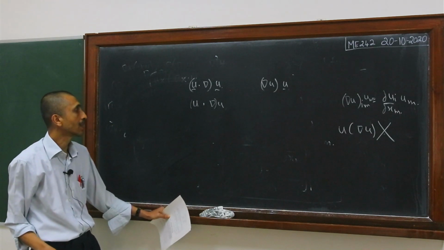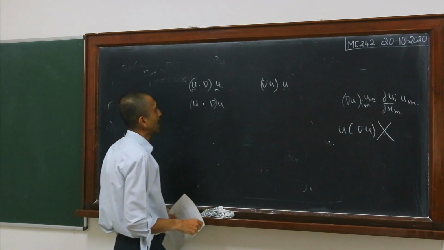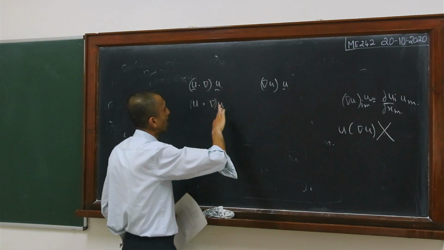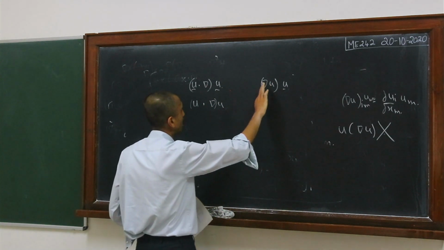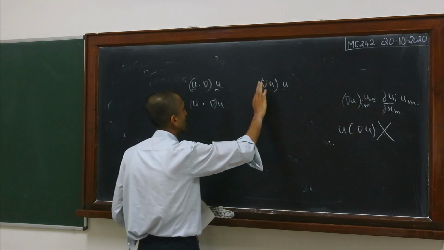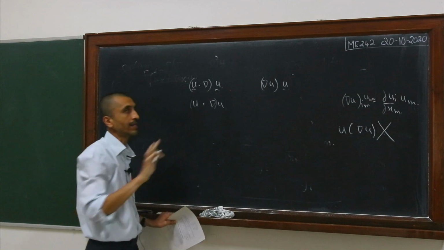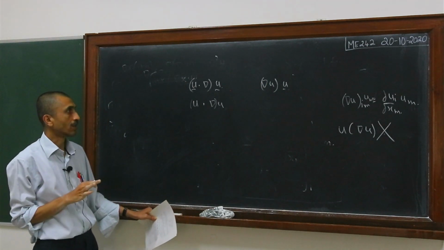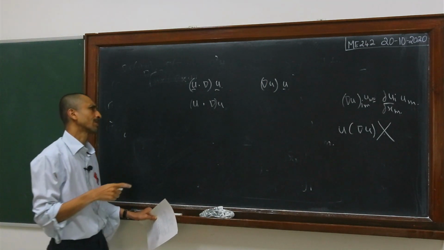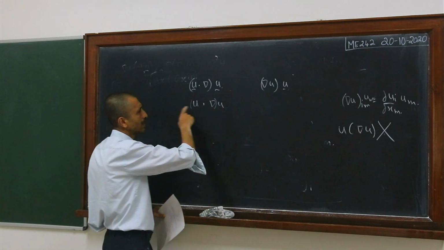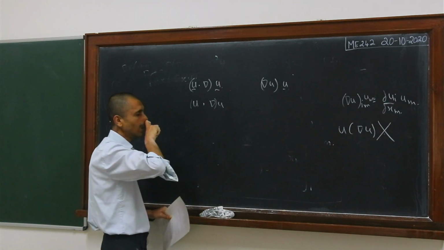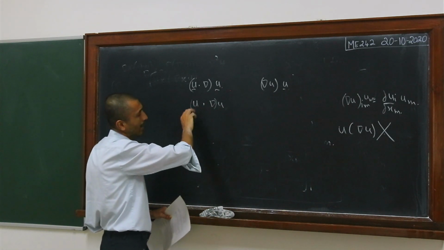Okay, so that is something which you have to bear in mind, that while writing all of these things, it is better to follow the tensorial conventions and write things in a properly consistent way. You may say that this does not cause any confusion, then it may be fine.